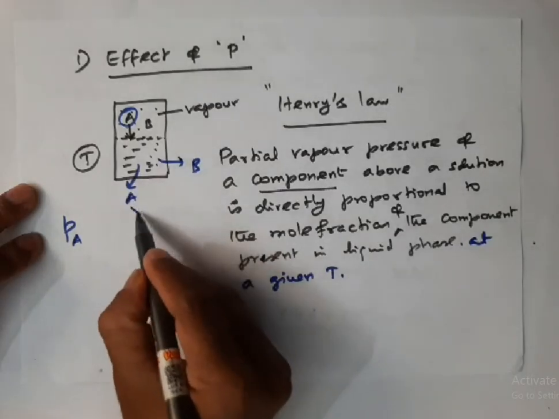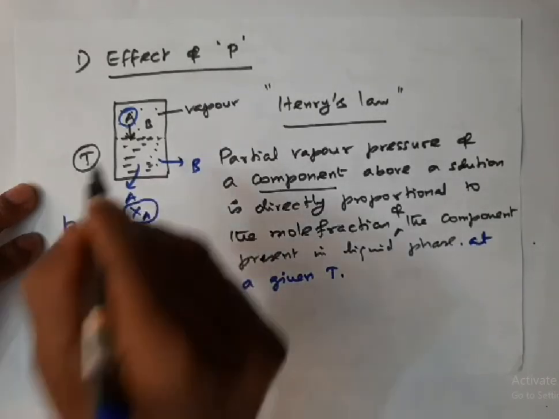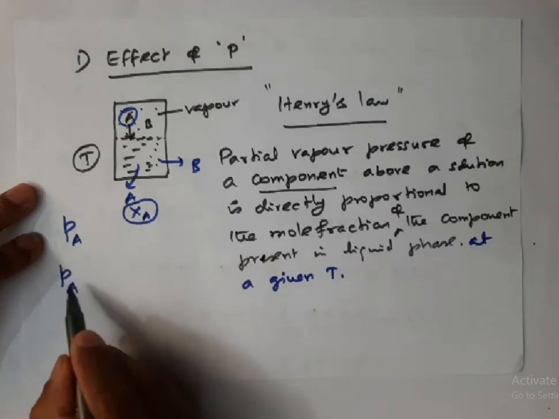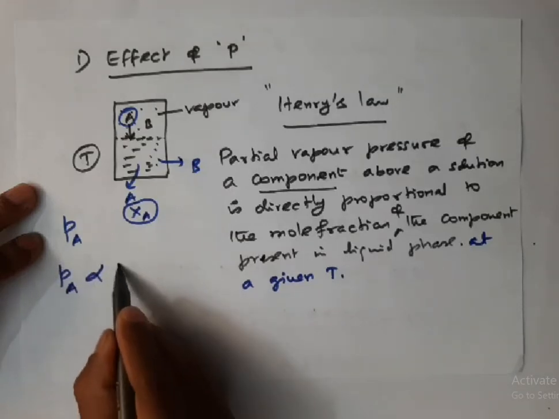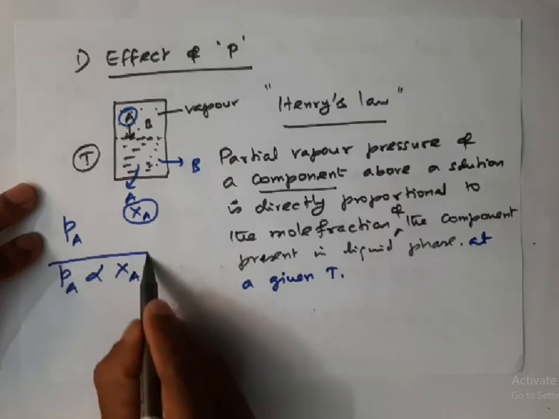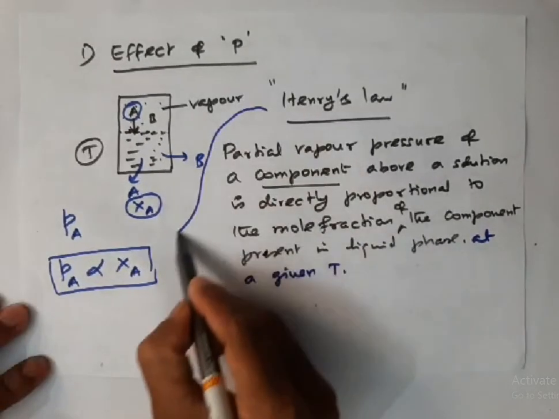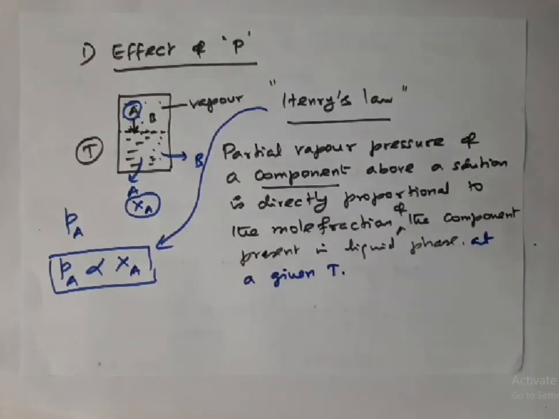You find out the mole fraction of A in the liquid phase. The partial vapor pressure of A is directly proportional to the mole fraction of A present in the solution. This is what we call Henry's law. Okay, students, is this clear?